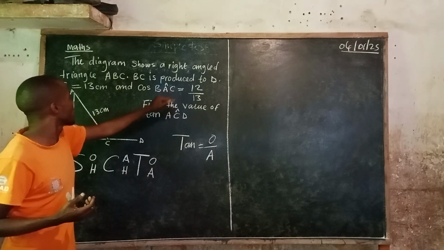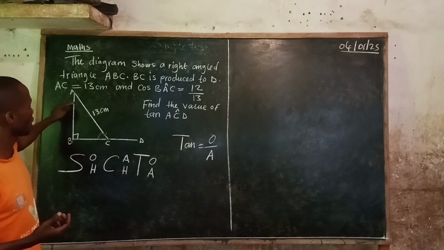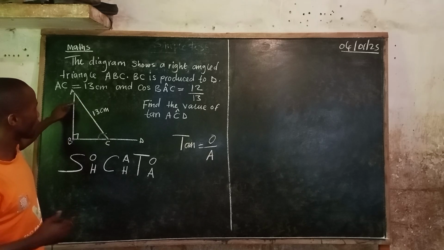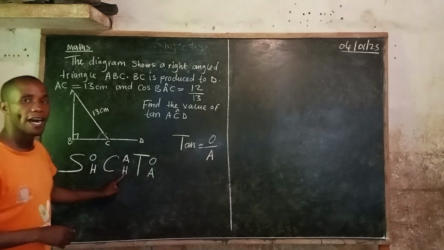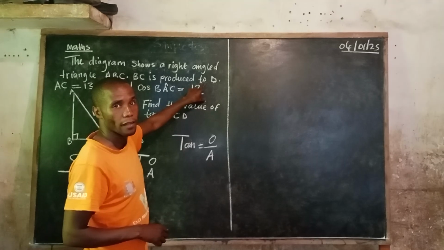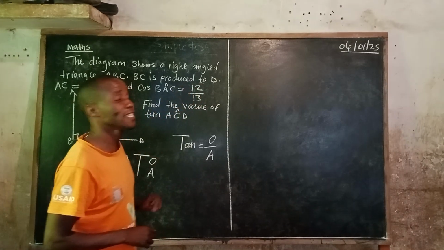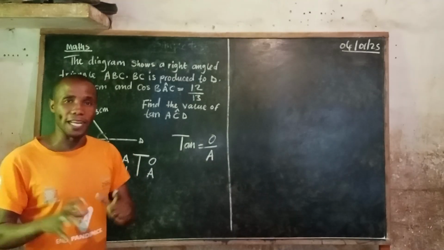So the cos BAC, this is the angle in this case. So which one is our opposite? First of all, let's come to cos. Cos is adjacent over hypotenuse. Among this that we have here, the one which is on top is the adjacent. Then down there is the hypotenuse.